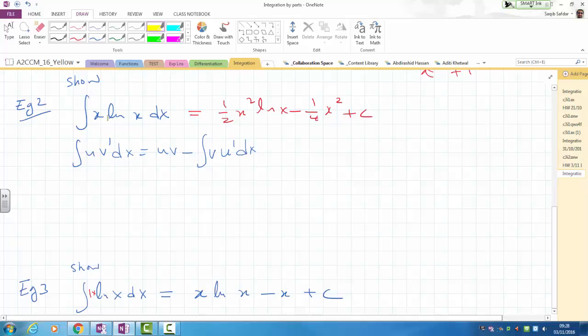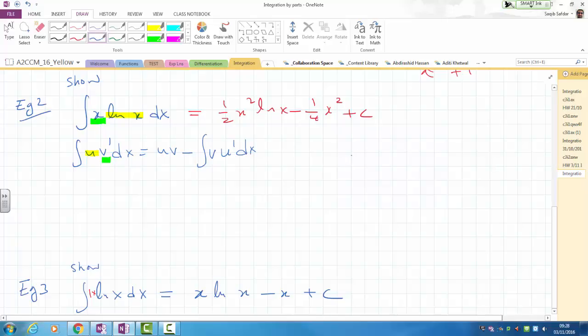We know we can both integrate and differentiate x, but for the moment with the ln x, it's easier for us just to differentiate it. So we want to pick something that we have to differentiate. Now from this formula, the thing that we differentiate is the u part. So if I say u is ln x, and therefore x is v prime, and just write that out like this. I'll show you in a second.